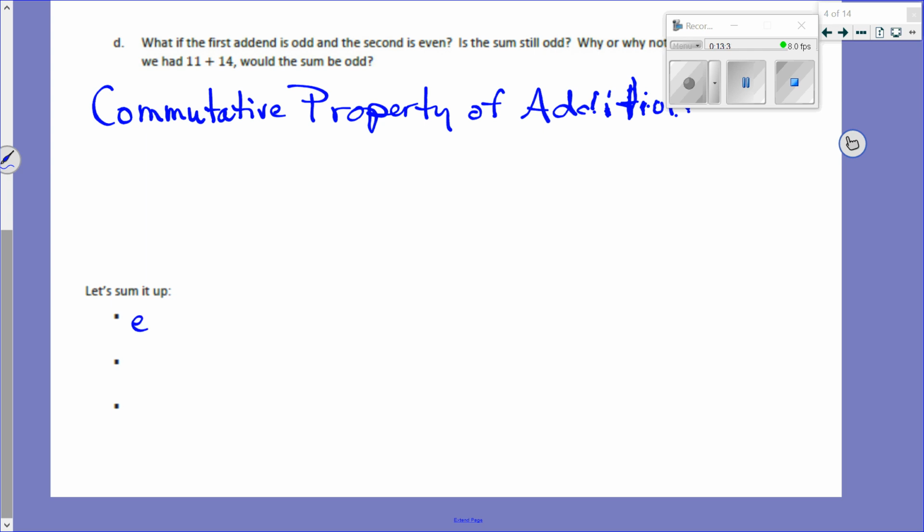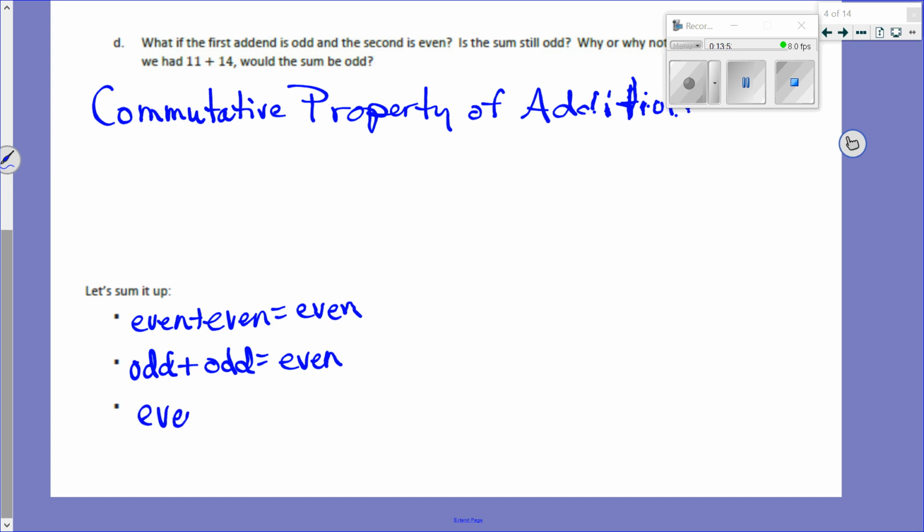If I take an even and add an even number to it, my result is even. If I take an odd number and add an odd number to it, my result is even. If I take an even number and add an odd number, the result is odd. Okay?